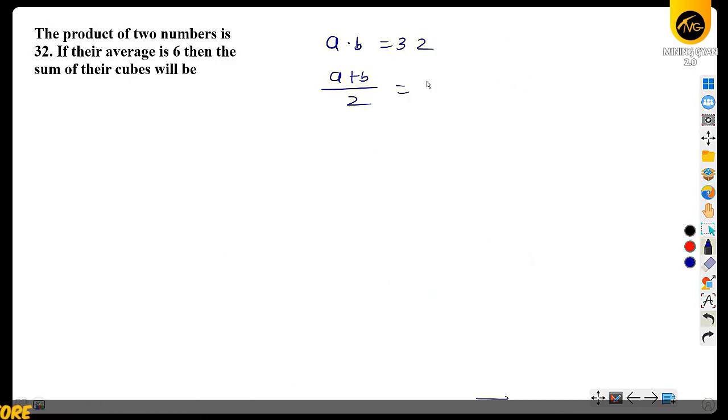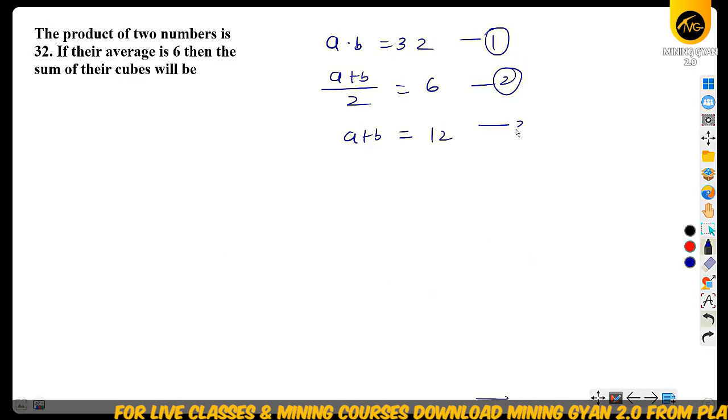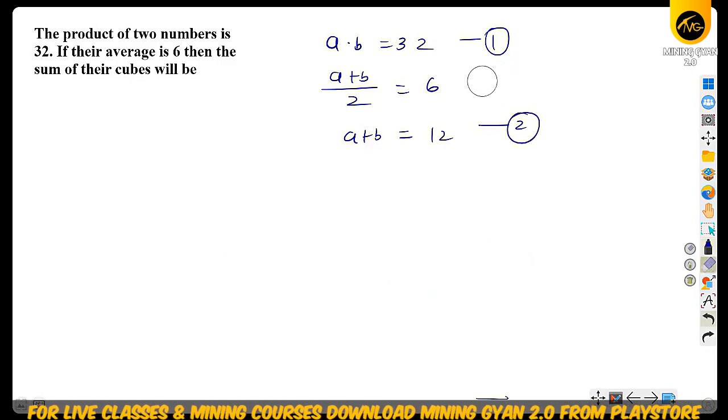A plus B divided by 2 is 6. Now we can write A plus B is equal to 6 into 2, that means 12. So A plus B is equal to 12 and A into B is 32.